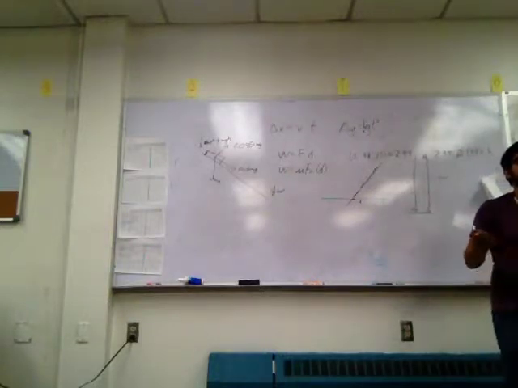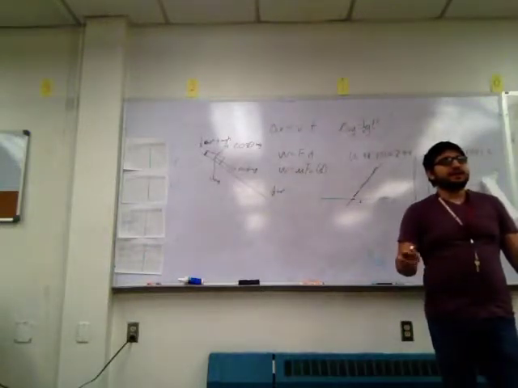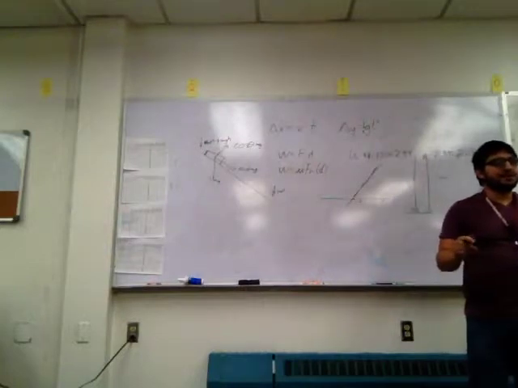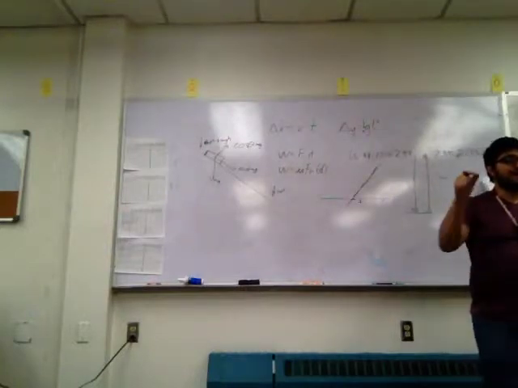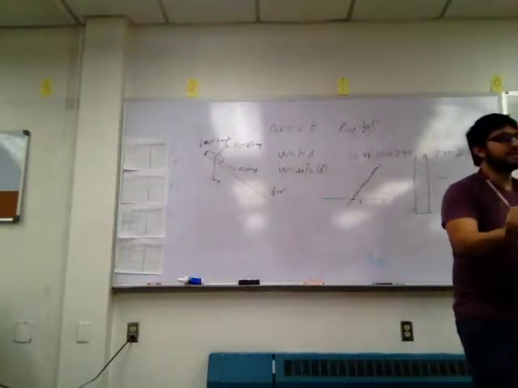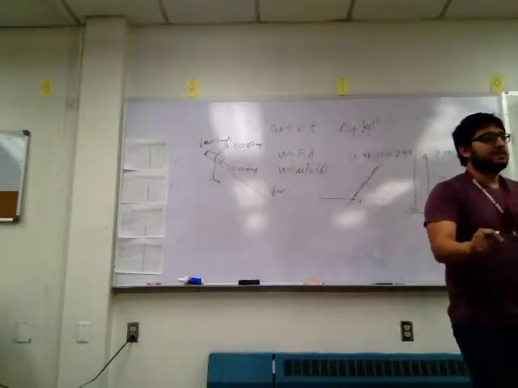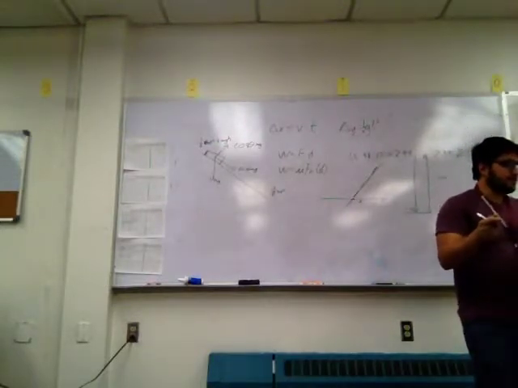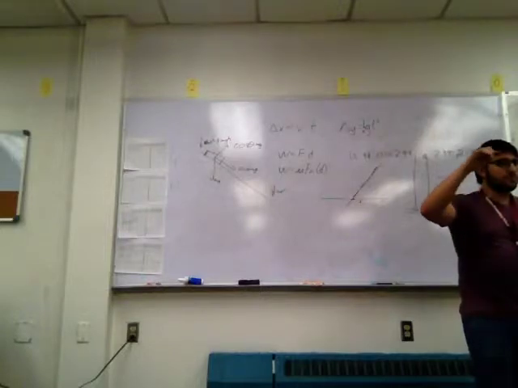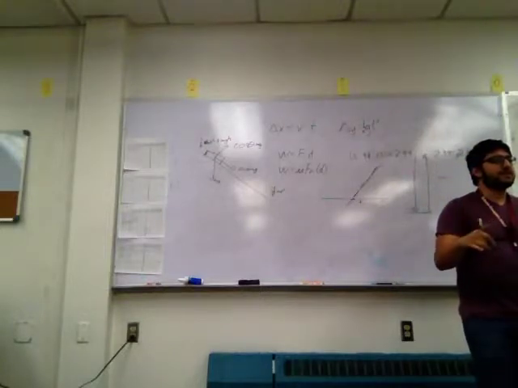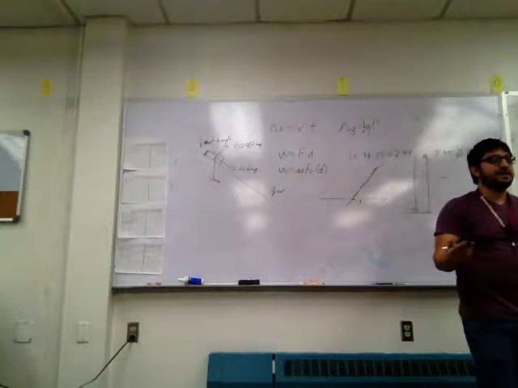So in calculus, they call it a tangent line. The tangent line is the slope at a very, very specific spot. So the tangent line is the slope through that very specific spot. They call it the instantaneous velocity, the instantaneous speed.